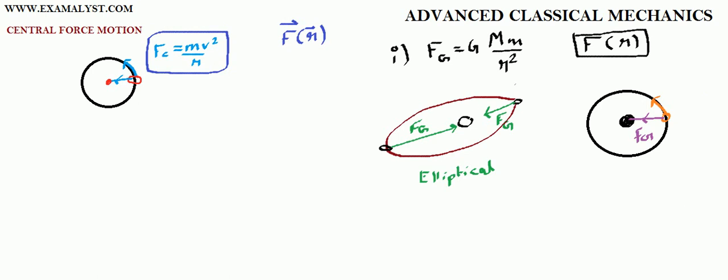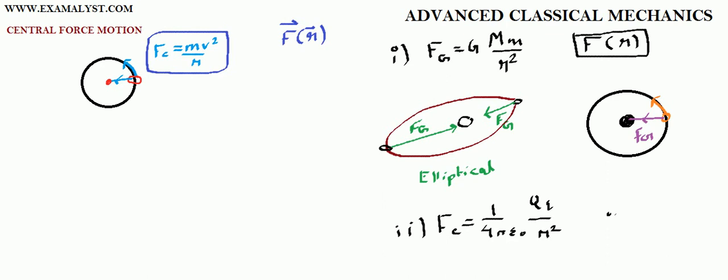Another example of central force is the Coulombic force, the force between two charges. Remember, if you have two charges q and q, then the force between them was written as 1 by 4 pi epsilon naught, source charge times test charge, divided by the square of the distance between them.